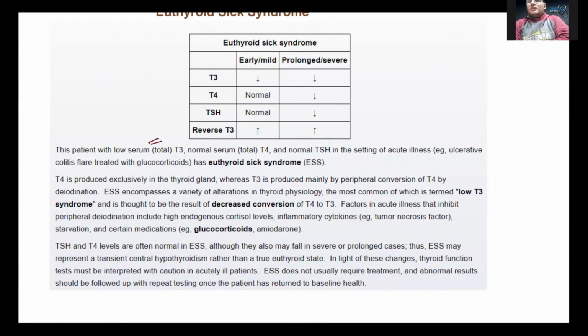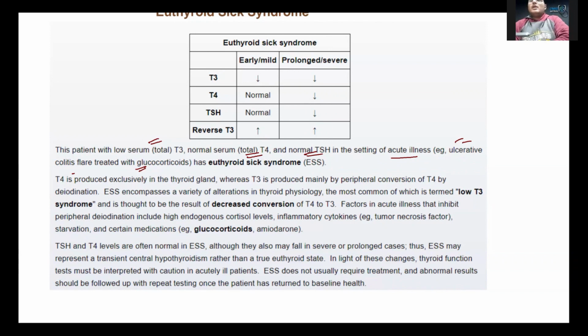Now we will discuss what is written here in the theory. The patient with low T3, normal T4, normal TSH in the setting of acute illness like ulcerative colitis treated with glucocorticoid. They will give you any scenario, like ulcerative colitis where we have given glucocorticoids, or dermatomyositis where we have given glucocorticoids, and excessive use of glucocorticoid causes these changes in the labs. So what will be the reason?